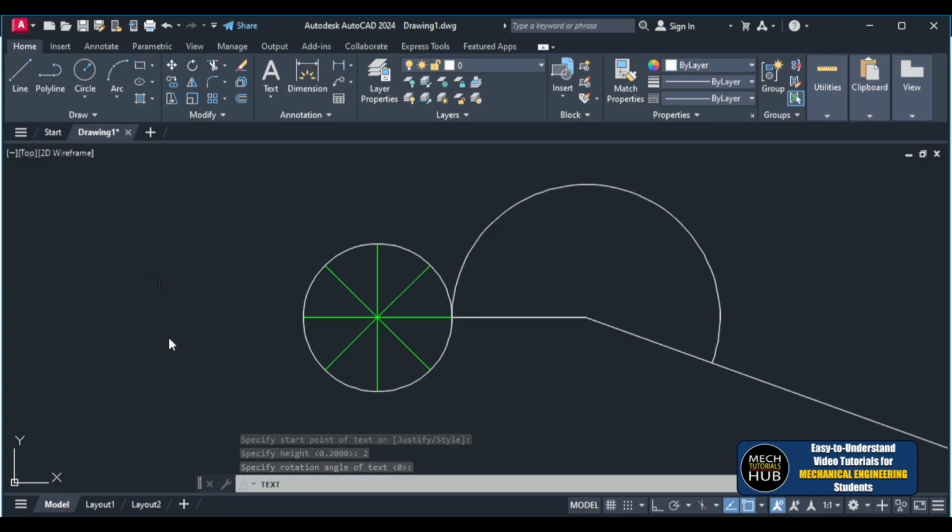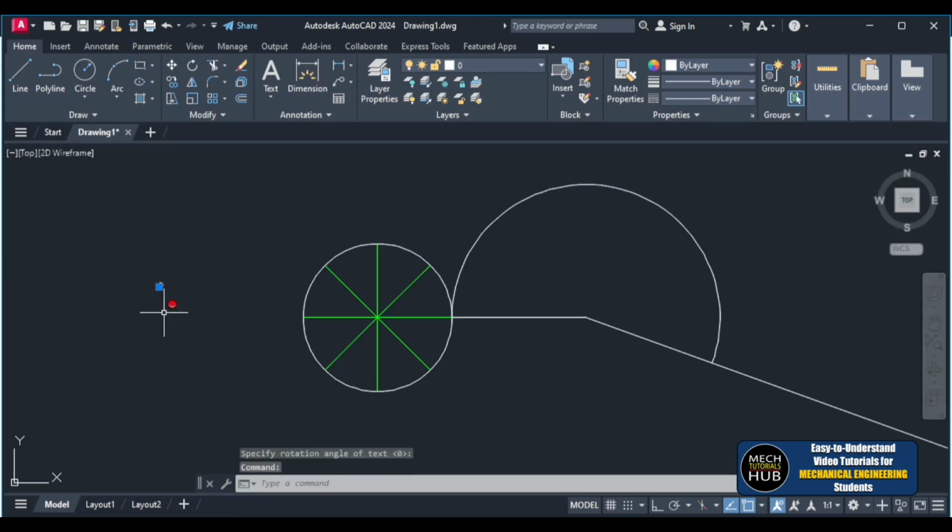Then I'll say P. I'll use this P, Control C, Control V. This is the reference point, and this is point number 1.